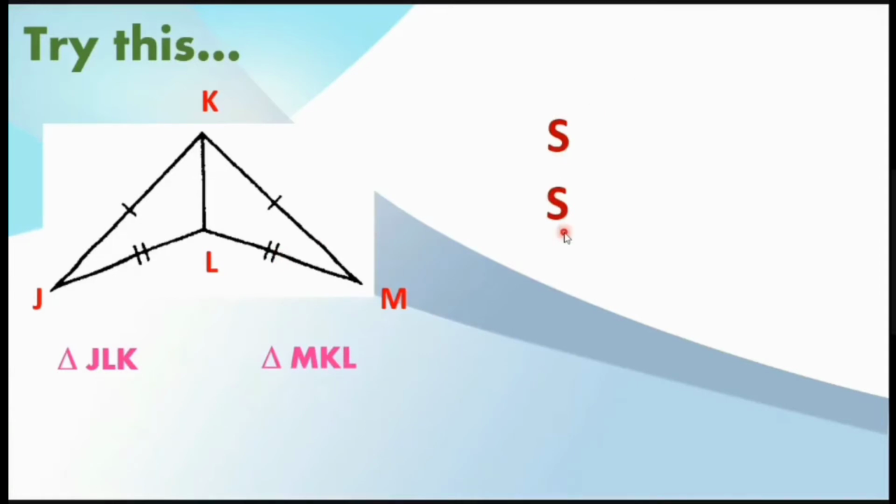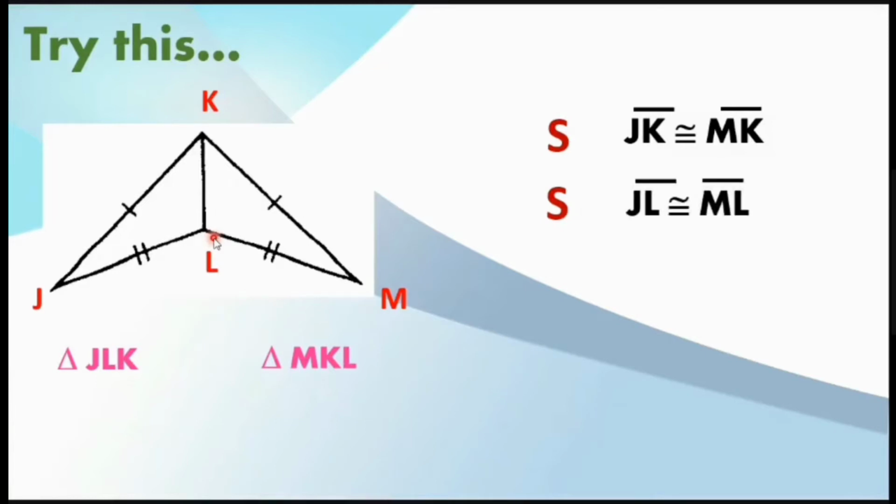The first statement is that side JK corresponds to side MK. Therefore, we can say that side JK is congruent to side MK. Next, side JL corresponds to side ML. So therefore, we can say that side JL is congruent to side ML.